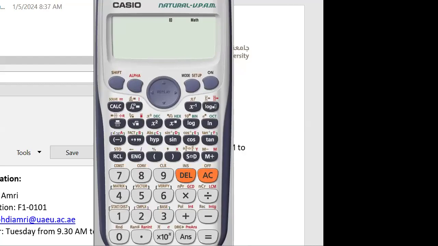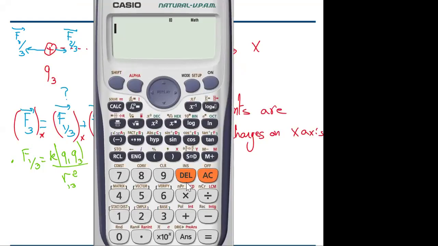What we said: 9 times 10 to the power 9, this is the constant K, multiplied by the absolute value of the charge, 10 to the power negative 9, multiplied by 5 times 10 to the power negative 9, divided by 0.02 squared.